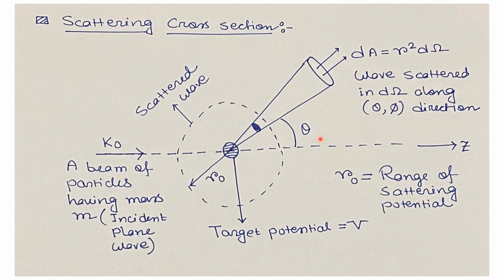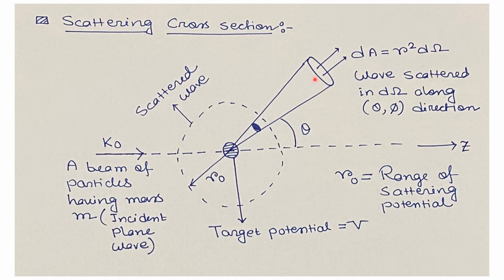Now after scattering, all the particles will be scattered in all possible directions in the sphere. So we will be considering a small region, basically a small differential solid angle d omega, through which some particles are getting scattered.